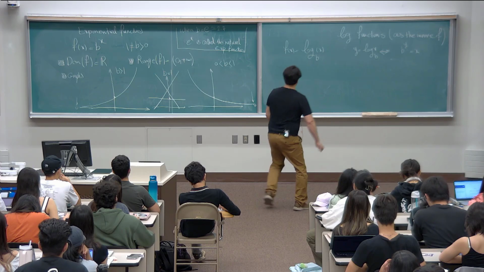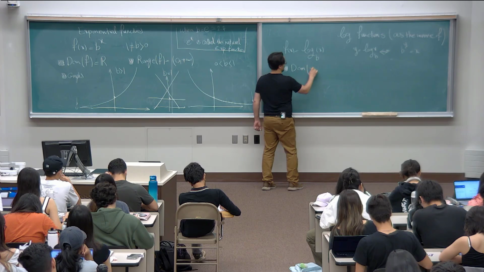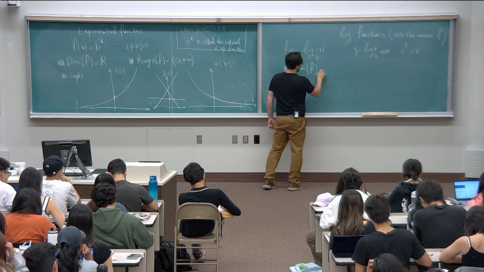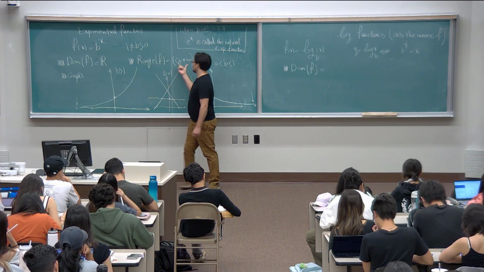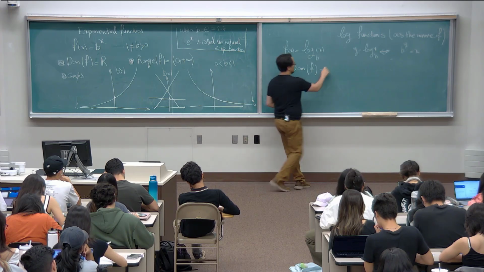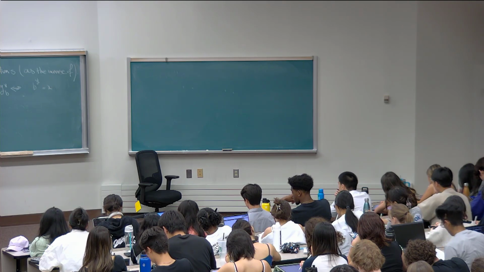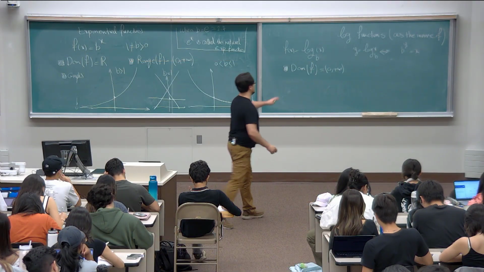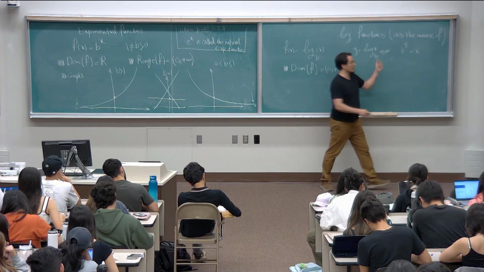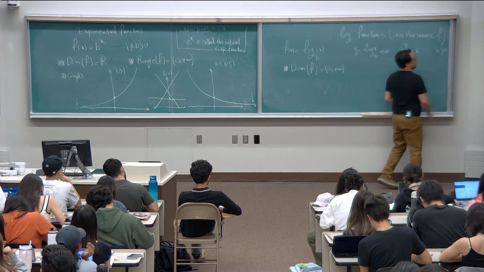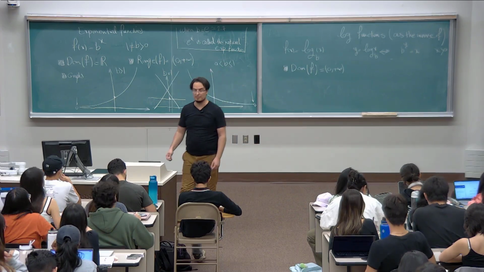In other words, I'll write this first. The domain of the log function is going to be the range of the exponential function, which is from 0 all the way to infinity. And that is the new restriction. When you're working with the log function, the input must be a number bigger than 0. It cannot be 0. It must be bigger than 0.